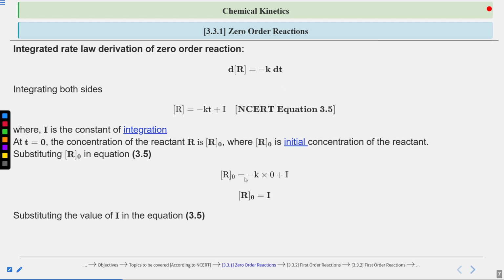And when you solve the equation for the value of I, to find what exactly I is, at time t equals 0 we get I equals R naught. I is equal to the initial concentration of the reactant. Now use this I value in equation 3.5 to eliminate this constant term which we don't know.